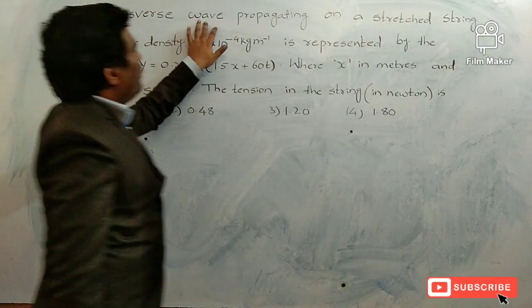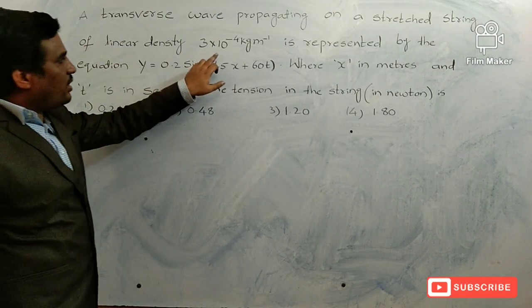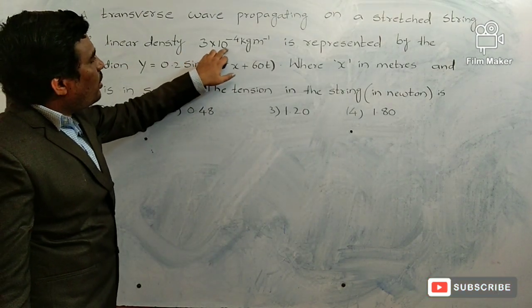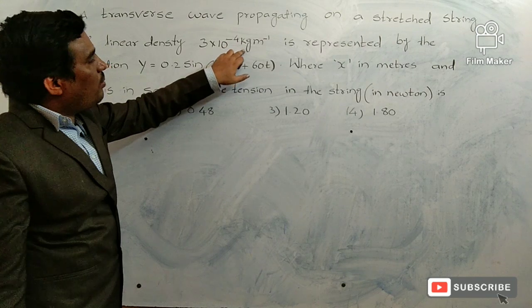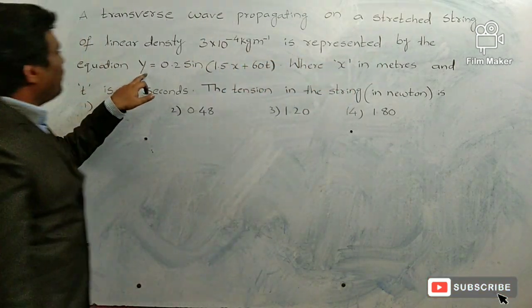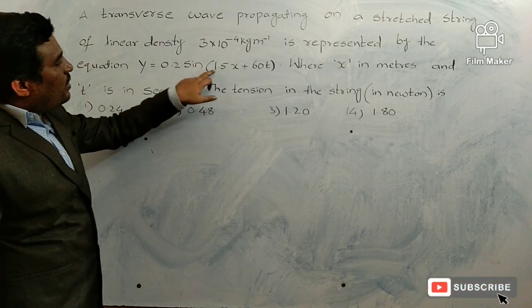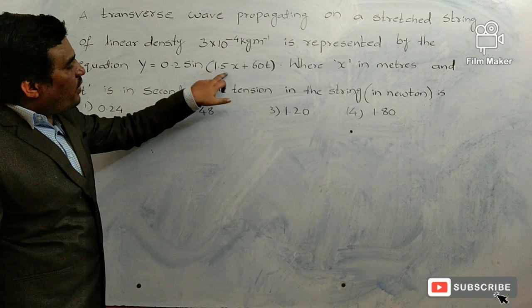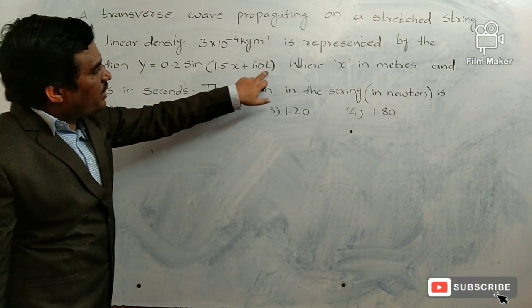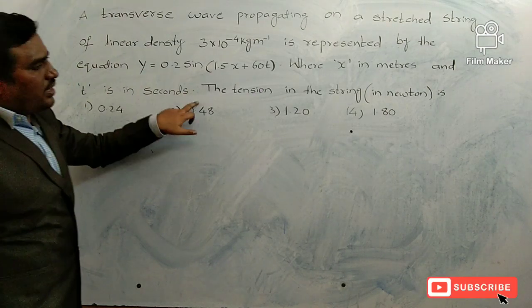A transverse wave propagating on a stretched string of linear density 3 into 10 to the power of minus 4 kilogram per meter is represented by the equation y equals 0.2 sine of 1.5x plus 60t, where x is in meters and t in seconds.